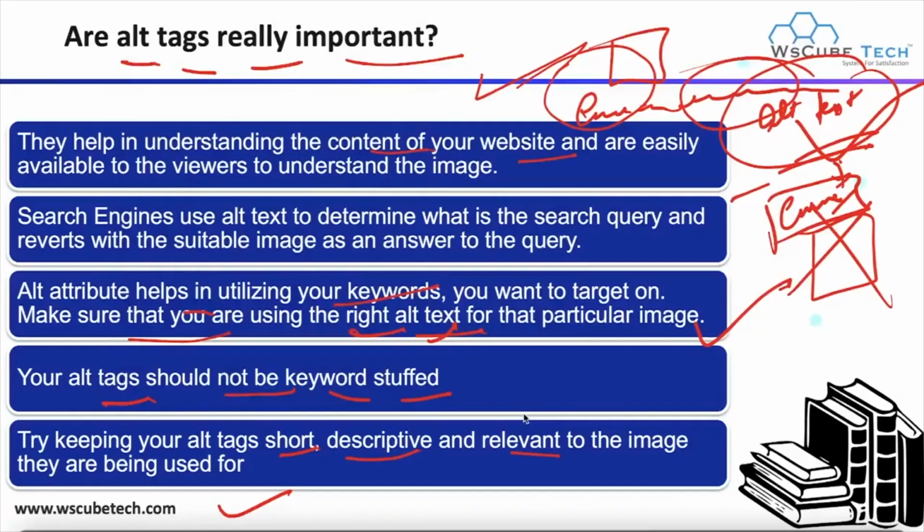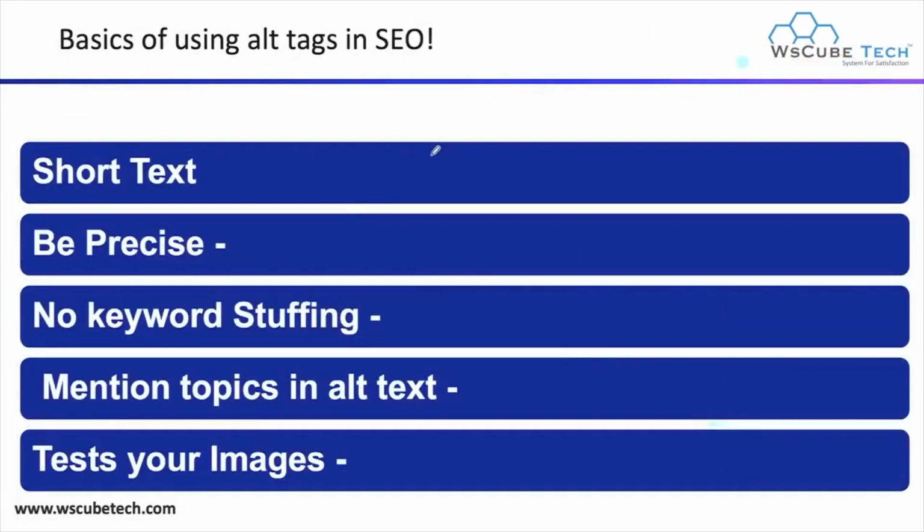Next we have, after doing that, then we have basics of using alt tag in SEO. First of all, we have short text. The alt text should be kept concise because the longer the alt text, the lesser is its impact. So describe the image completely with less number of words, because long alt tags may get inefficient.